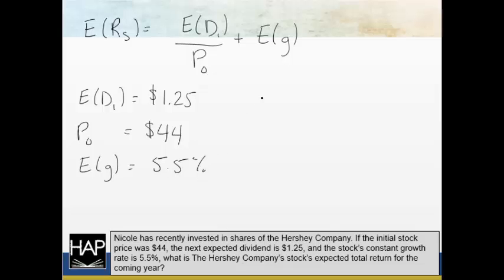So what I can do is substitute those figures into the formula. So I've got $1.25 over 44 plus 5.5%, which gives me an expected rate of return of 8.34%.